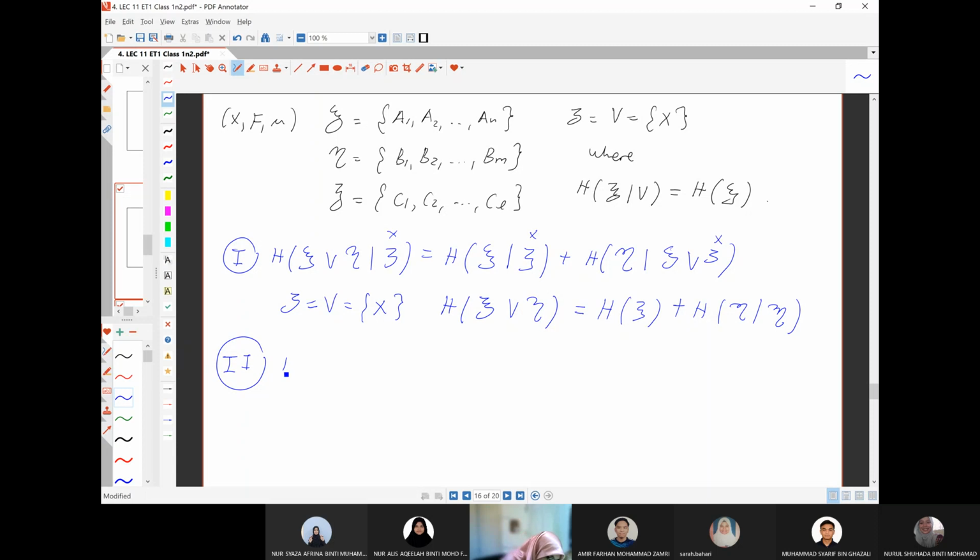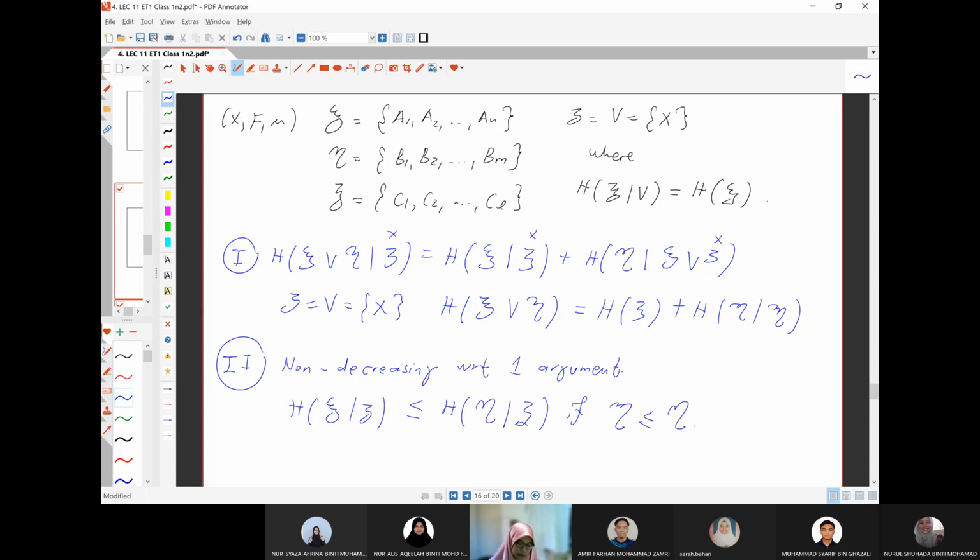So this we will consider a non-decreasing with respect to the first argument. So what does it mean by this? So if you have the entropy of psi given that zeta, this is less than or equal to the entropy of the second partition given that the third partition, if we have psi less than or equal to eta.